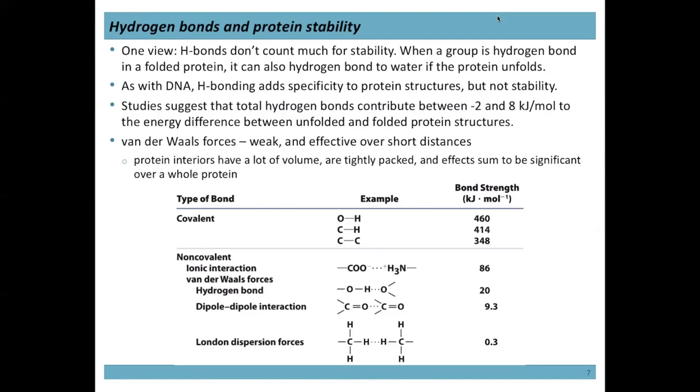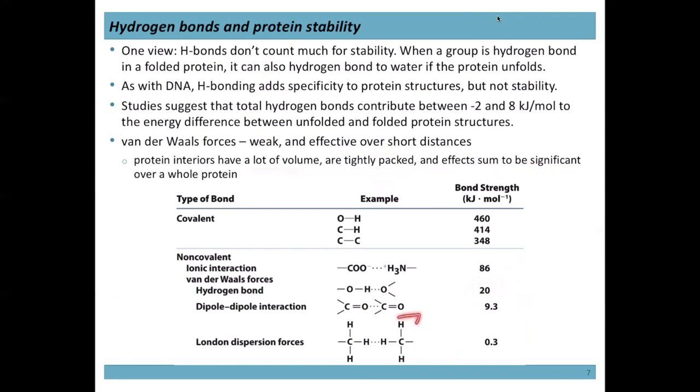The key is that protein interiors have lots of volume and they're tightly packed. So when we pack together these nonpolar groups, it tends to be significant over the entire protein. And just a little reminder of the charges that we're talking about. Again, this looks like it'd be significant, but if you're going to hydrogen bond with water, you're going to hydrogen bond in protein, you're not really going to gain that amount.